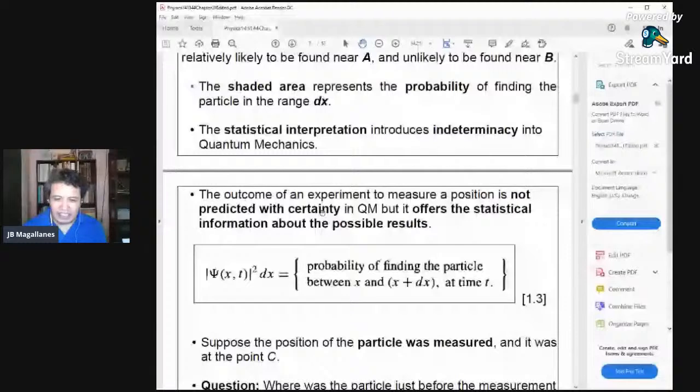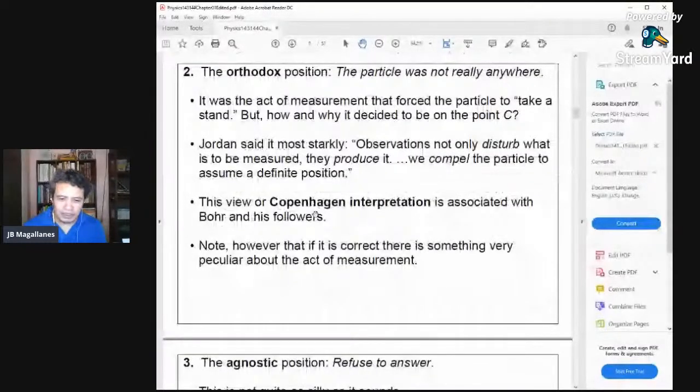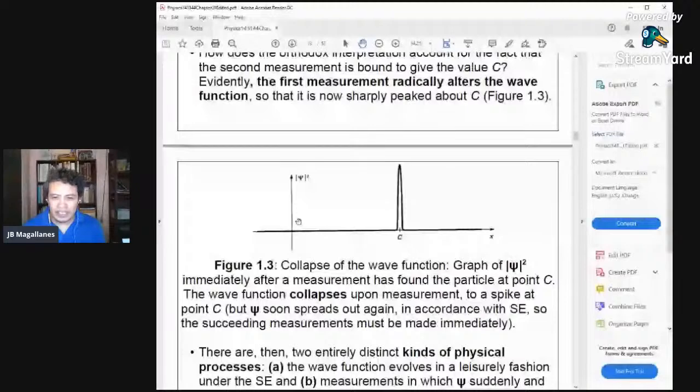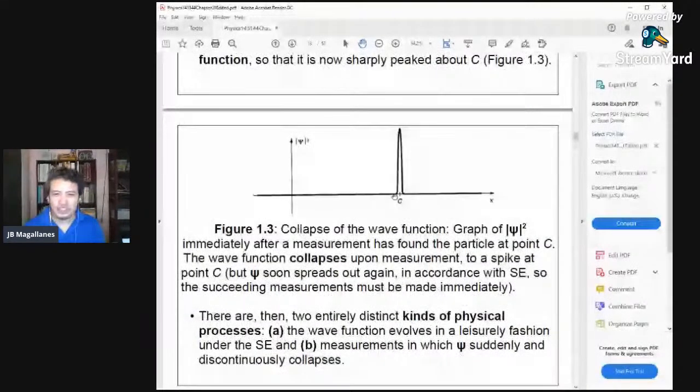But in this case, it has collapsed because of the repeated measurements. So your wave function would look like this if you do repeated measurements. But if you don't, the wave function of the particle would spread out again in accordance with the Schrödinger equation.